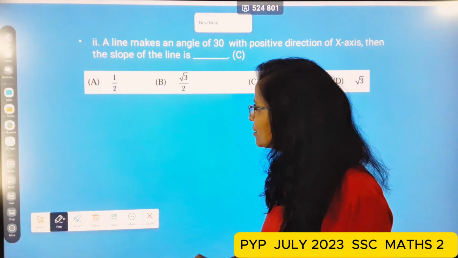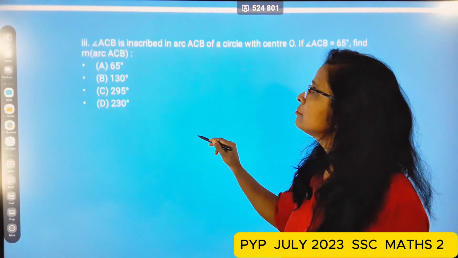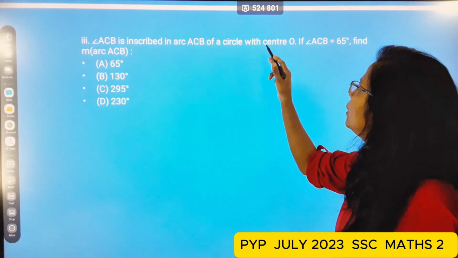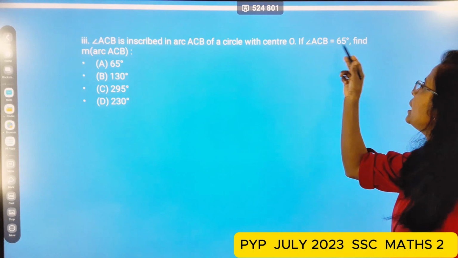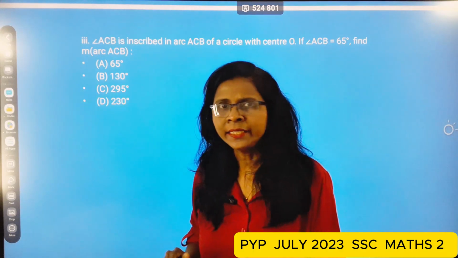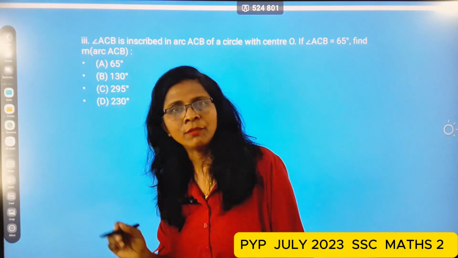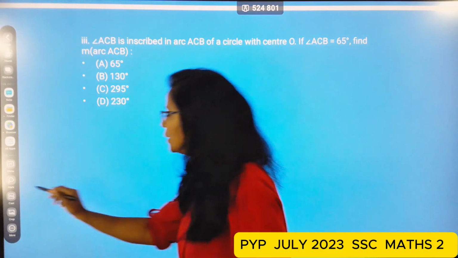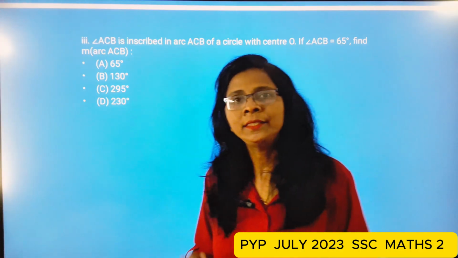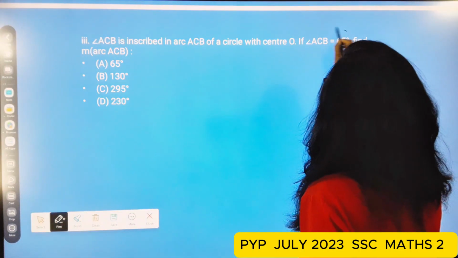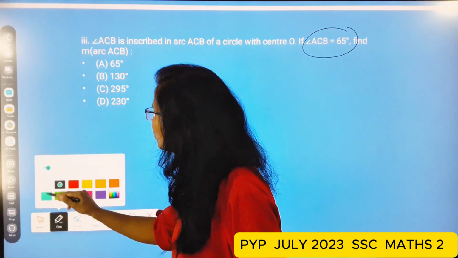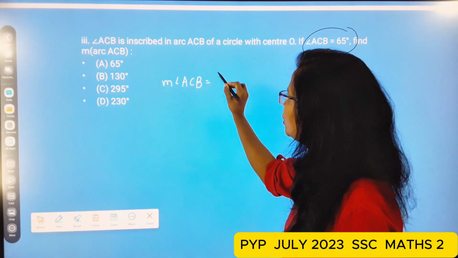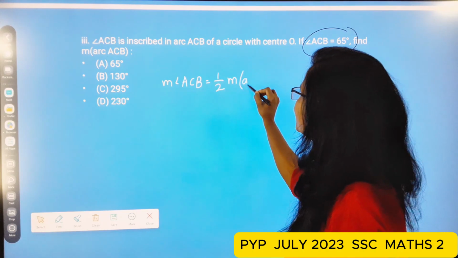Next question: angle ACB is inscribed in arc ACB of a circle with center O. If angle ACB is equal to 65 degree, then find major arc ACB. The measure of the inscribed angle is given, so we use the formula: angle ACB is equal to half of major arc ACB.